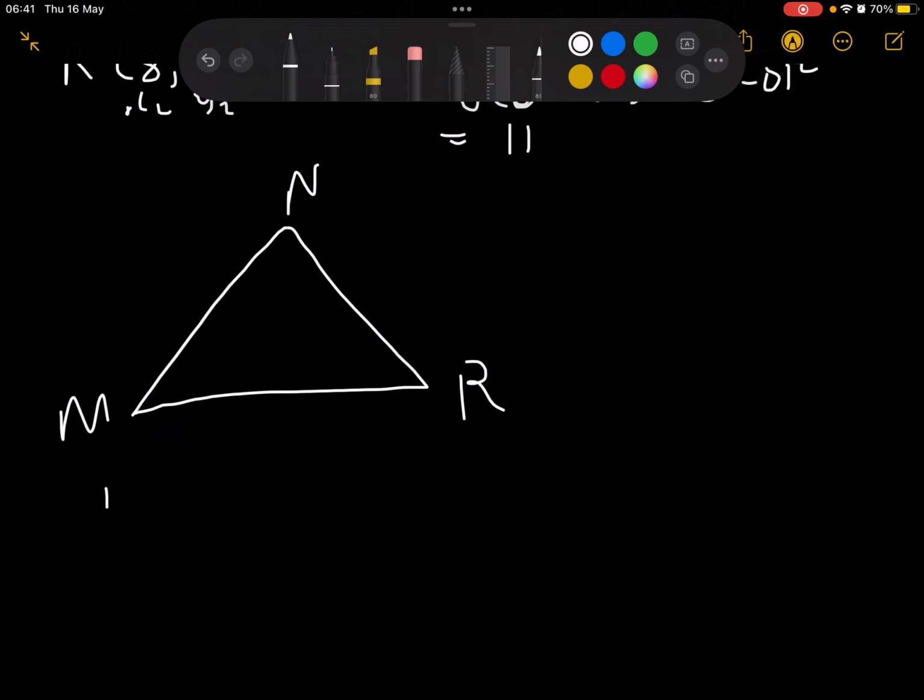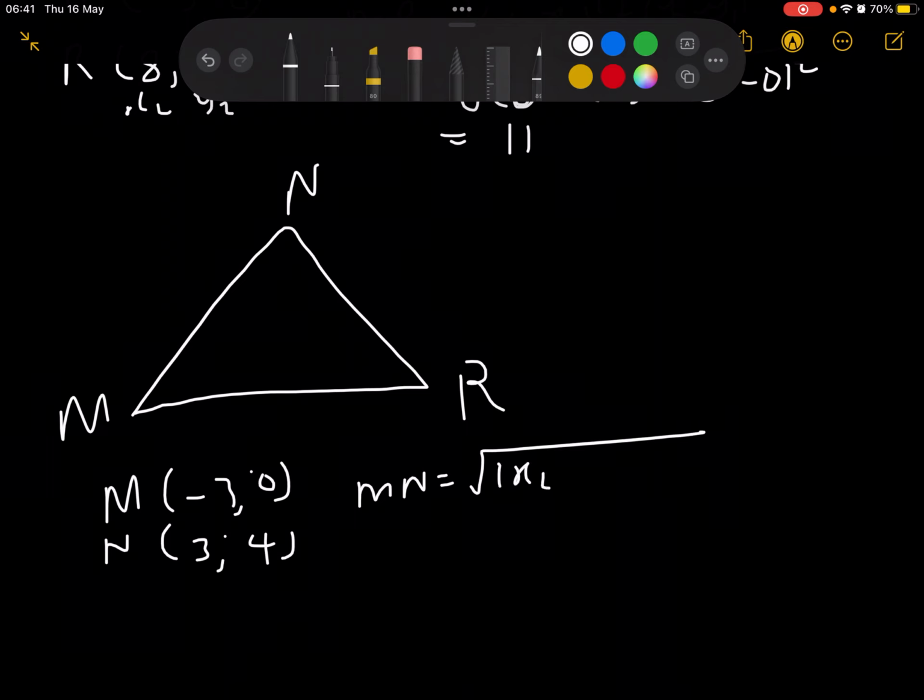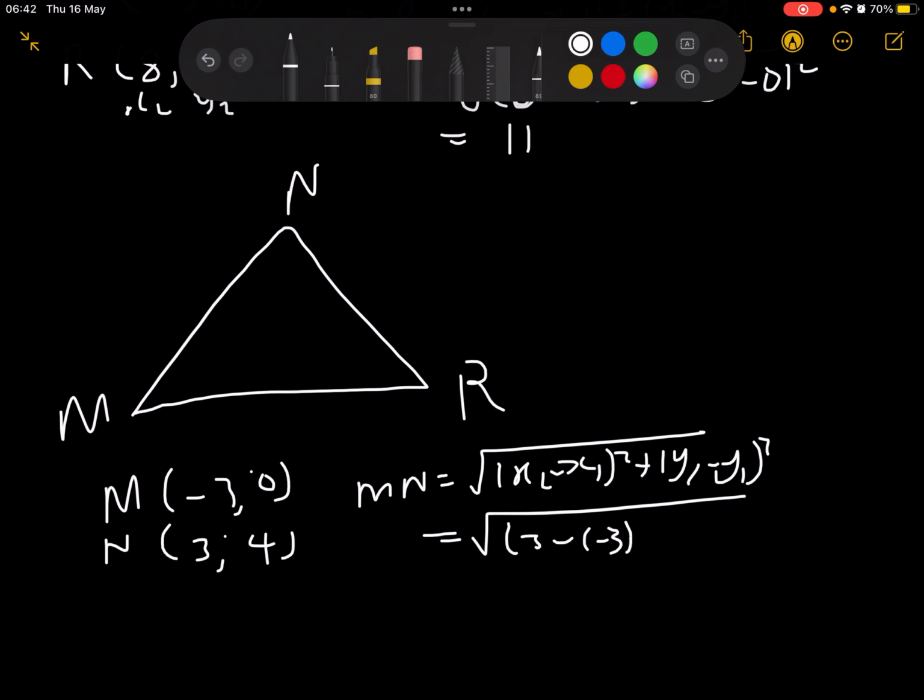So we have to calculate the length using M, which is (negative 3, 0), and N, which is (3, 4). First calculate MN, which is equal to the square root of x2 minus x1 squared plus y2 minus y1 squared, which is equal to the square root of 3 minus negative 3 squared plus 4 minus 0 squared. And this gives us 2 root 13.